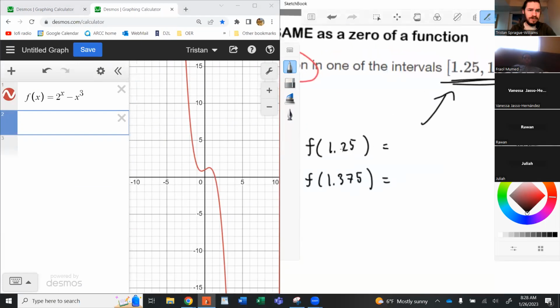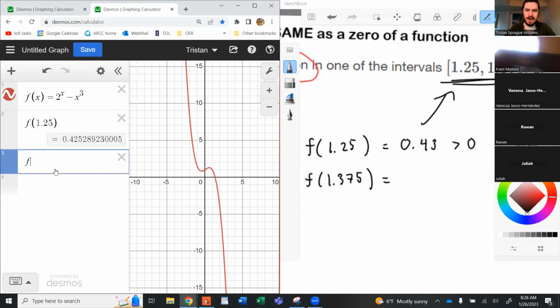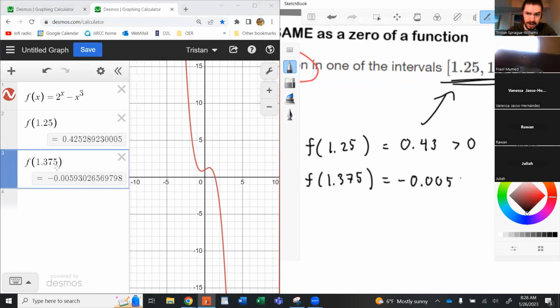So 1.25 and 1.375. So f of 1.25 looks to be about 0.43-ish. So that's positive, by the way. And then f of 1.375 looks like negative 0.0059, which is negative.